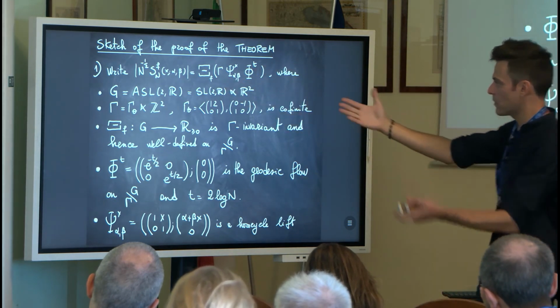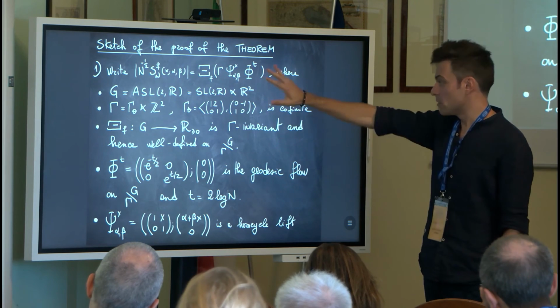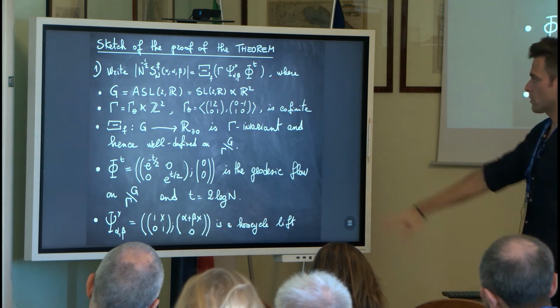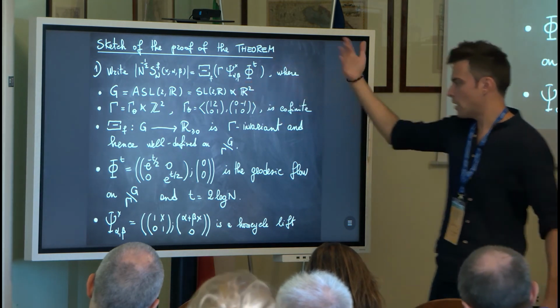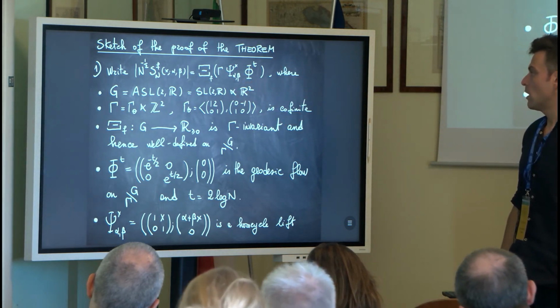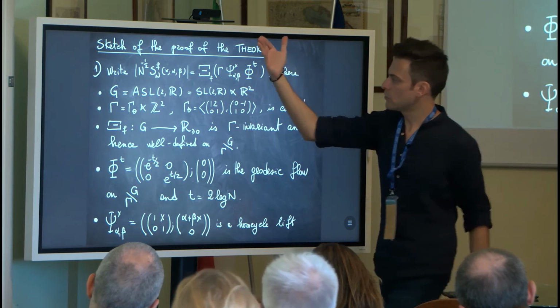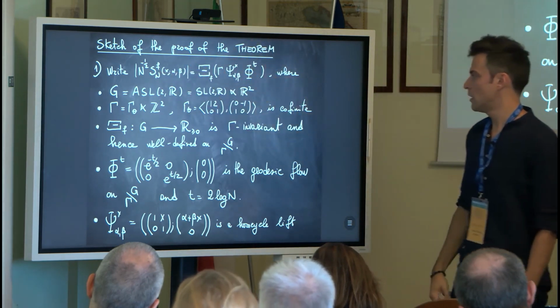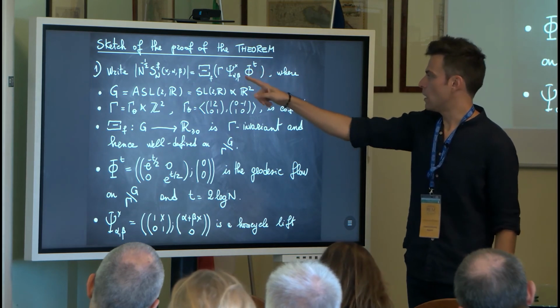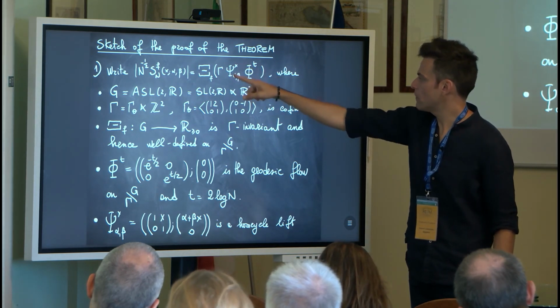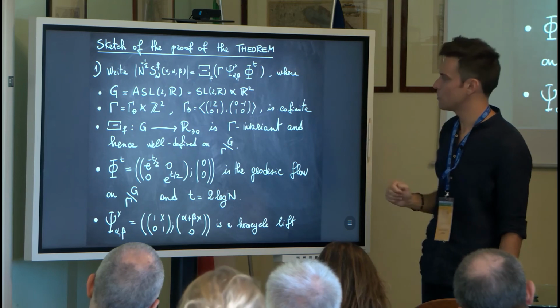We were not the first ones to do this. It goes back to the original work of Jens in 1999, where the R2 part wasn't there, and later papers. But there is a machinery that allows you to write this as a particular orbit under gamma, where you have a horocycle lift, and then you hit it with the geodesic flow.